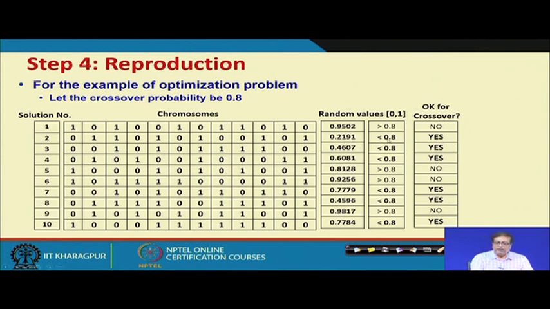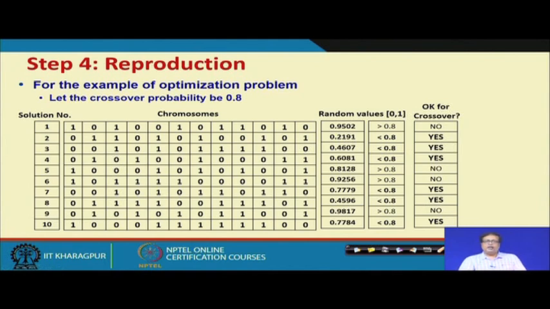Those which are below 0.8 are 1, 2, 3, 4, 5 and 6. So, you see 6 of them are okay for crossover, and the remaining ones are not okay for crossover. That means if those chromosomes are selected, there will be crossover, and otherwise there will be no crossover.